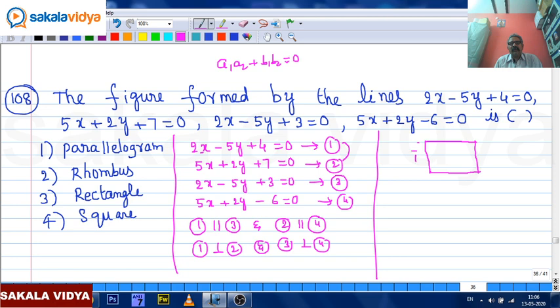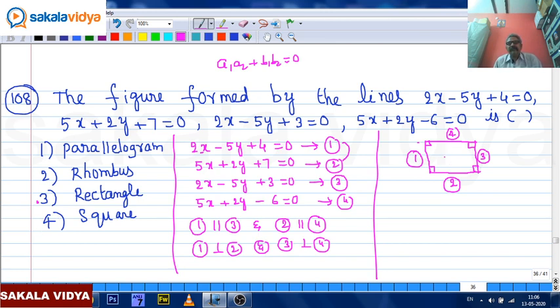This is equation 1, equation 2, equation 3, equation 4, with 90 degrees at each corner. At present it may be a rectangle or a square, we need to check.